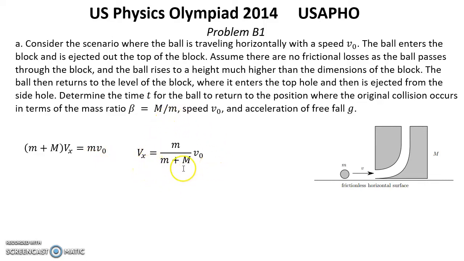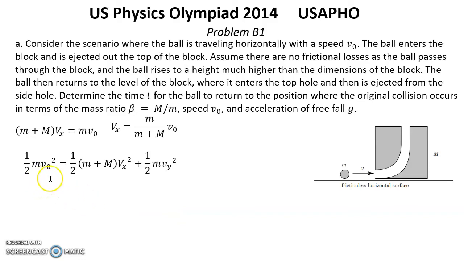This is this expression. And now we can find, using energy conservation, the initial vertical velocity of the ball. From this energy conservation we can find Vy squared.